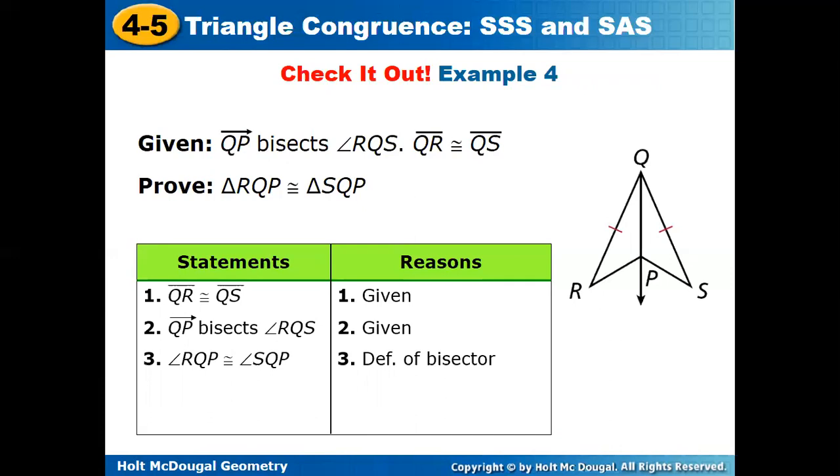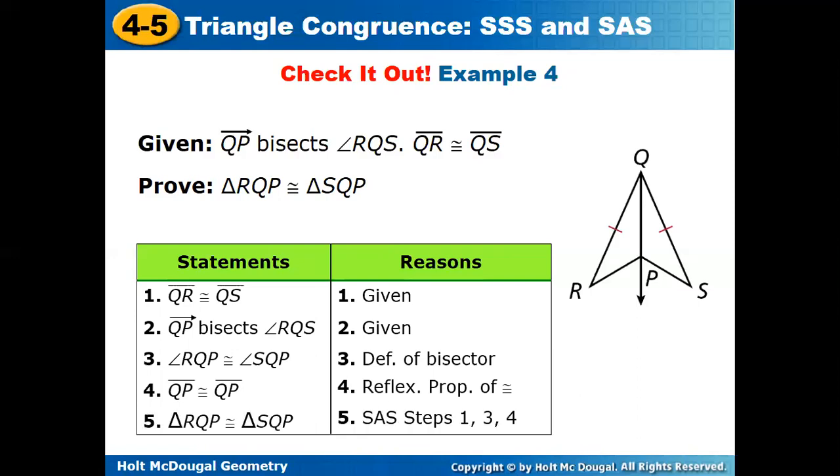Angle RQB is congruent to angle SQB. This is the definition of a bisector. And QB is congruent to QB. This is the reflexive property of congruency. Then triangle RQB is congruent to triangle SQB. This is SAS, steps 1, 3, 4.